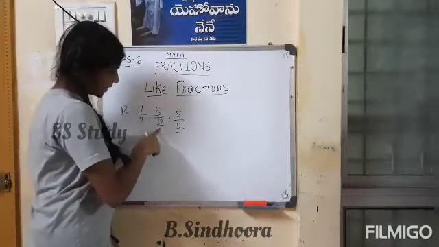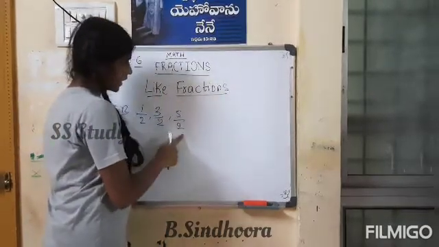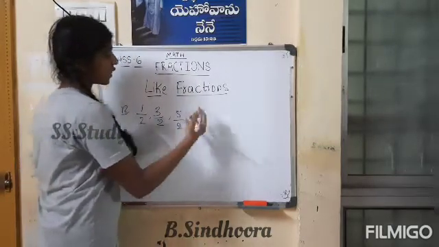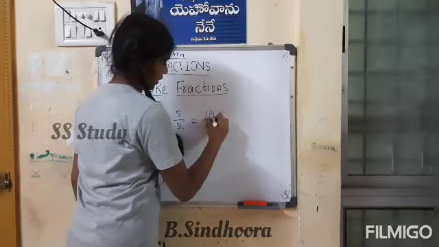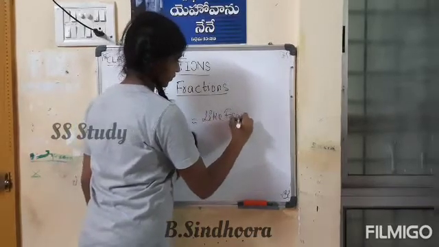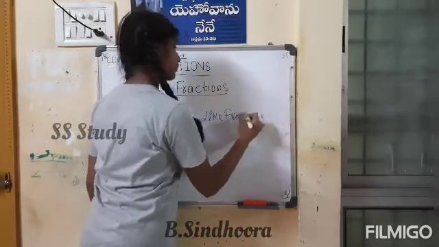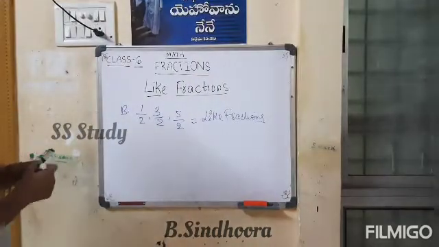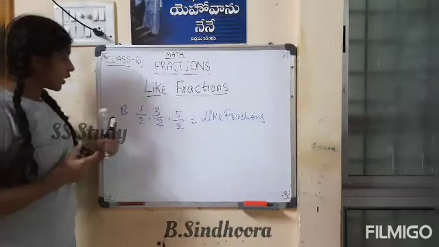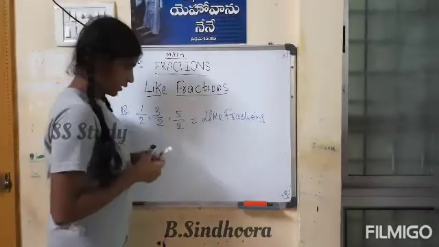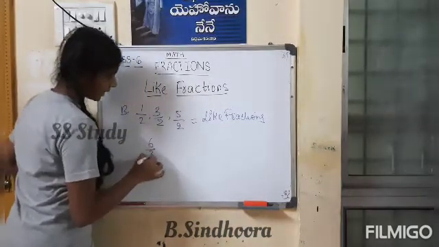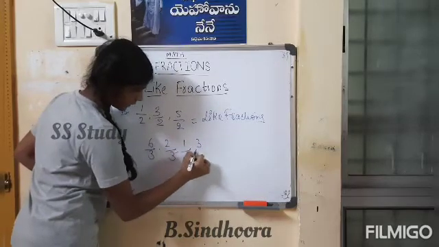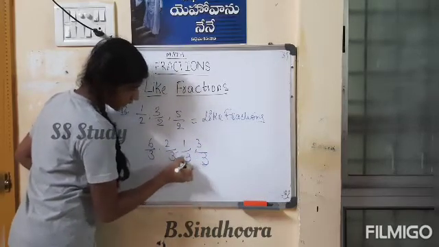As these are two or more, three fractions have the same denominator, so these are called like fractions. For example, 6 by 3, 2 by 3, 1 by 3, 3 by 3 are all like fractions.